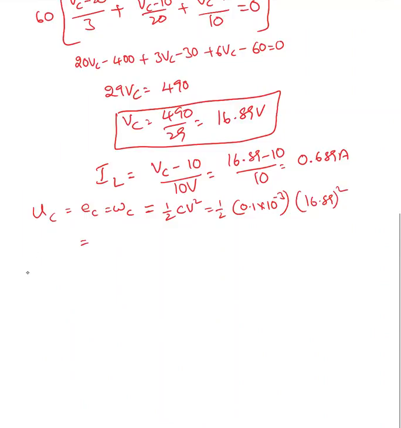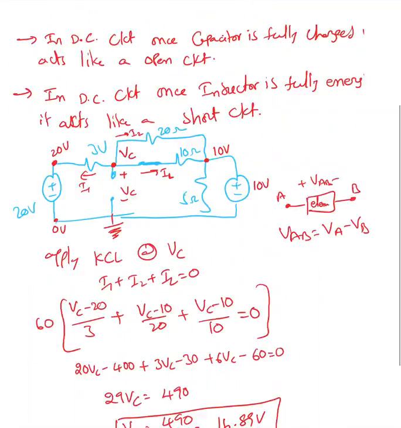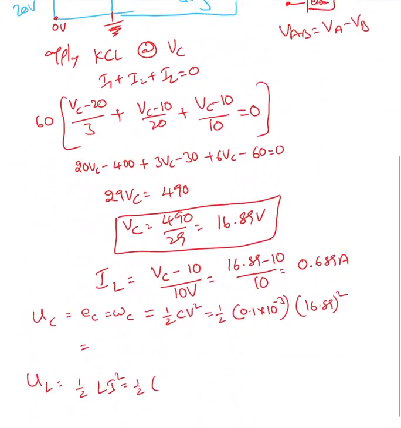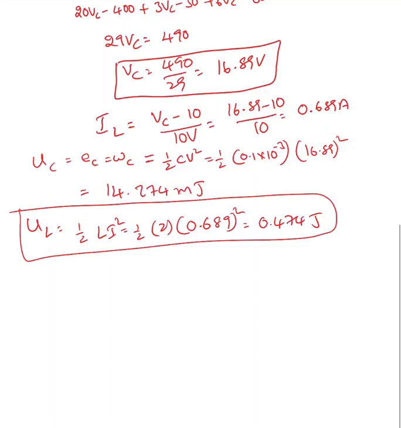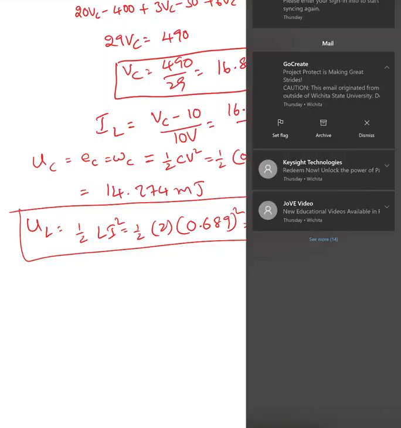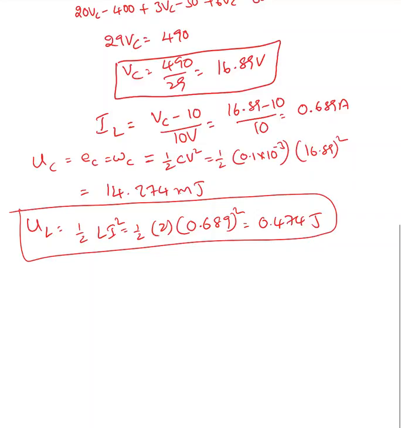At the same time, the energy stored in the inductor, UL, equals half Li squared, half times the given inductance of 2 henry, times 0.689 squared. So the energy stored in the inductor is 0.474 joules, and the energy stored in the capacitor is 14.274 millijoules.